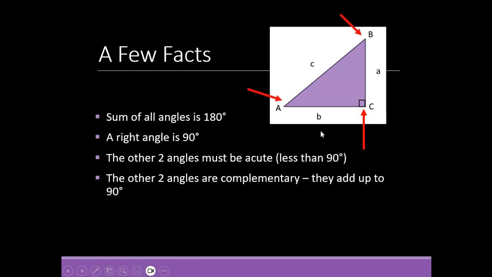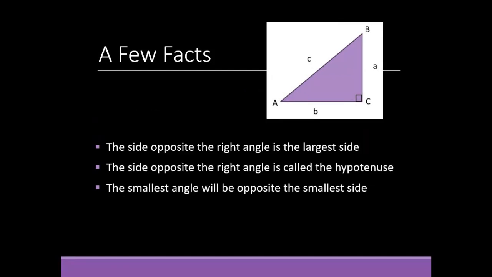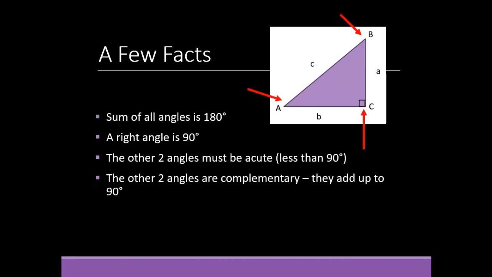So that means that the other 2 angles must be less than 90 degrees, and they must add up to 90 degrees. Why is that? Well, if it all adds up to 180 degrees and the right angle is 90 degrees, 180 minus 90 is 90. So these 2 angles have to add up to 90 degrees.